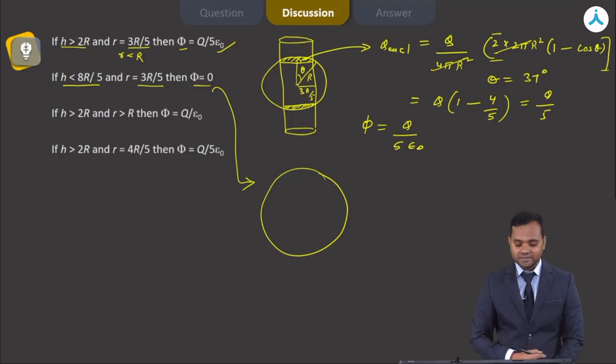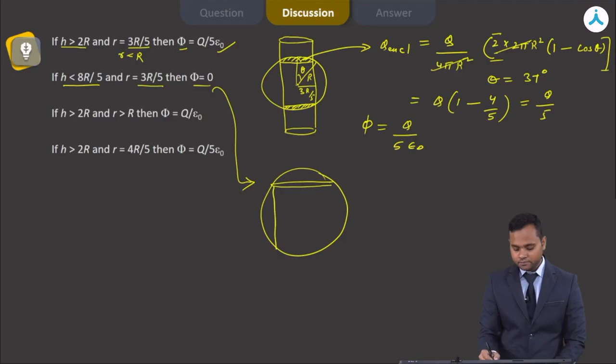For that, let us take the case of the limiting cylinder having radius 3R by 5. So that will be, let's say, this cylinder. This is given to be 3R by 5, and this height will be basically half of this 8R by 5.